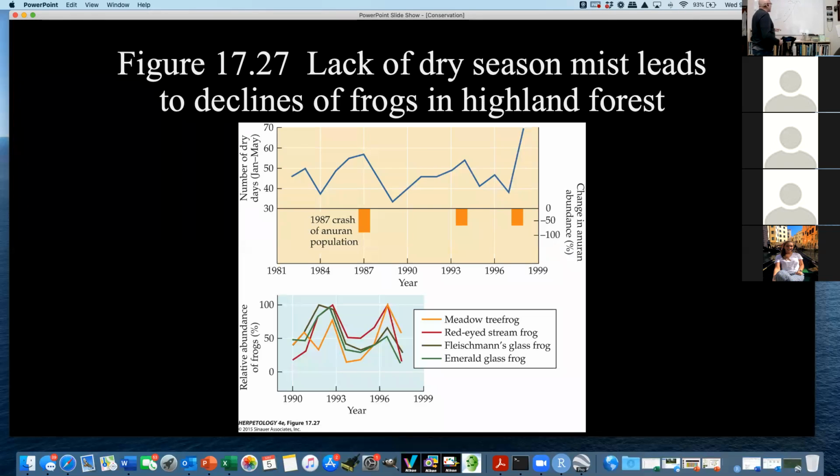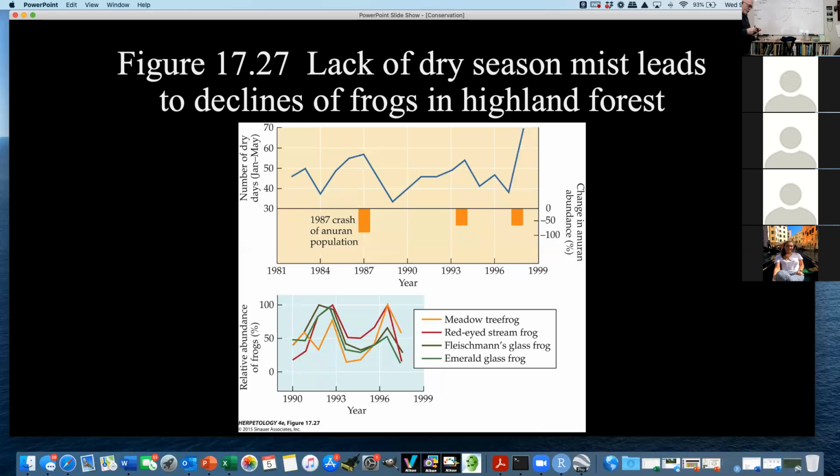And one of the things that happens as you go up a mountain is there is an elevation, an altitude, called the cloud condensation layer or level. This is the altitude at which the air has cooled enough that these clouds begin to condense and form mists or clouds in these cloud forests.